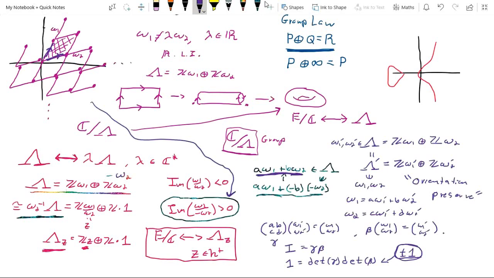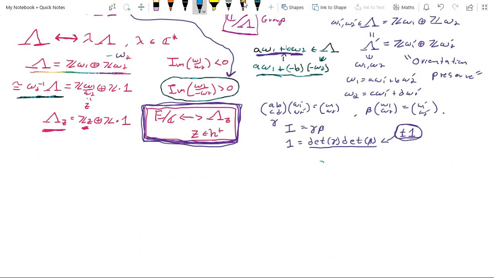Because again, remember, we only need to restrict our attention to when z is in the complex upper half plane. So we really only care about those matrices which are preserving the positivity of the imaginary part of the quotient of the spanning vectors. So therefore, we conclude that the matrices gamma and beta have determinant positive 1.